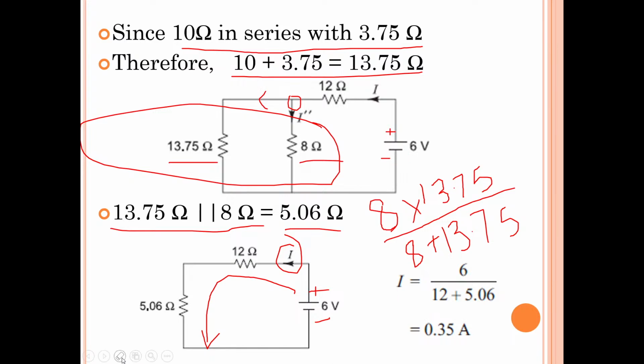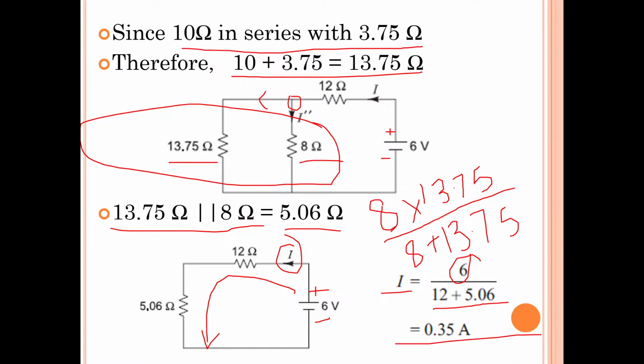So now what is the current? The I value is equal to total voltage V divided by total resistance. What is the total resistance? 12 and 5.06 are connected in series, so add 12 plus 5.06. What do you get?